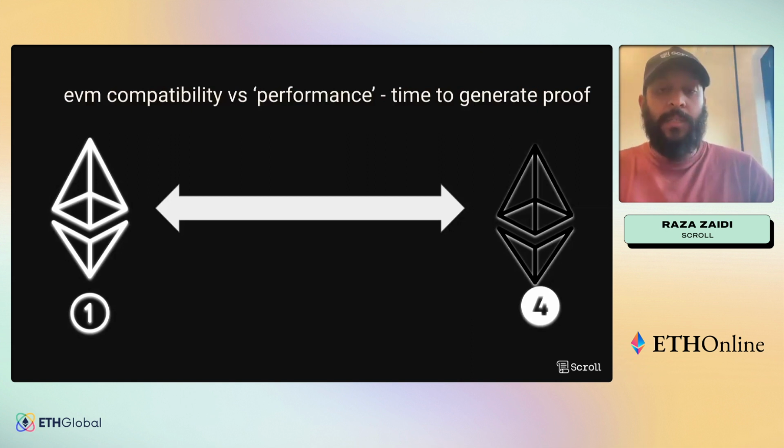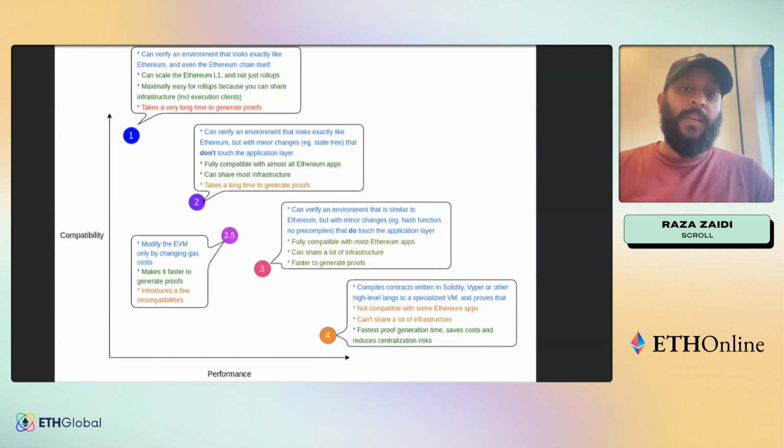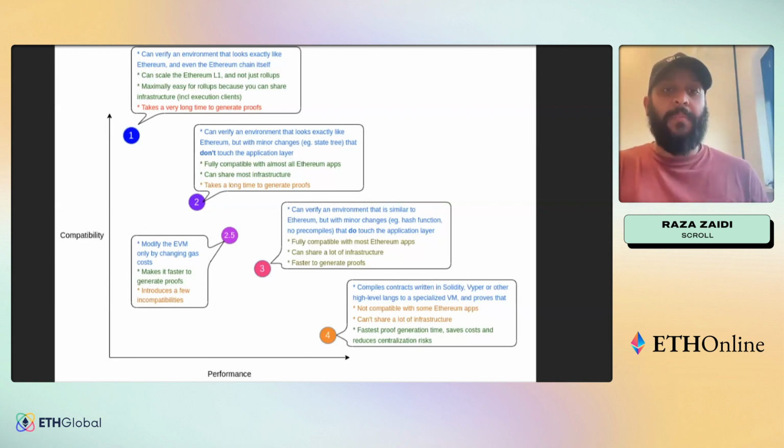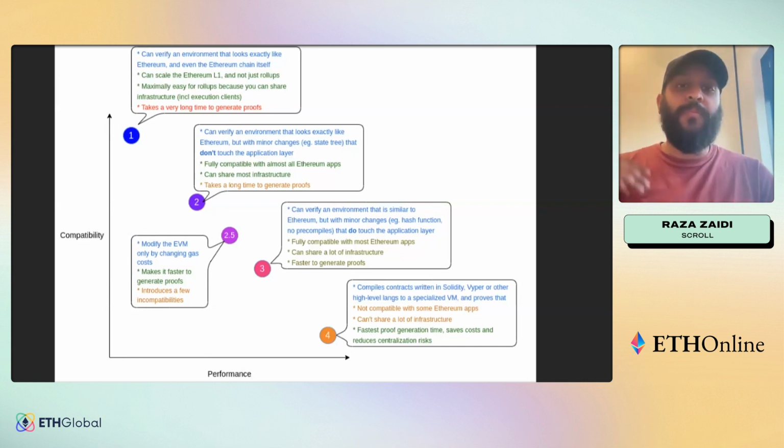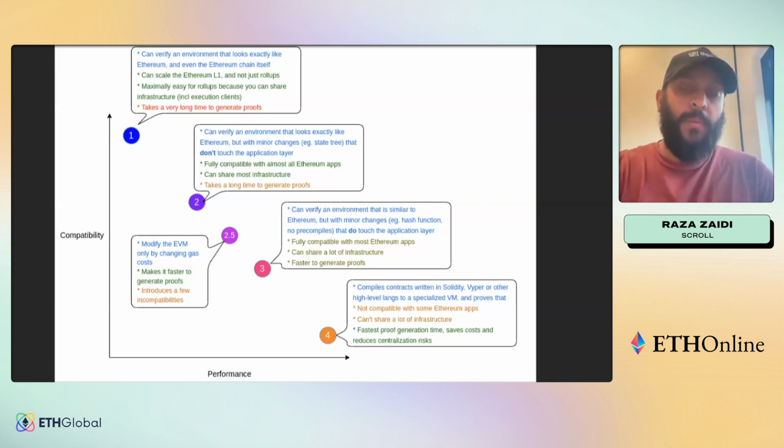To generate a zero-knowledge proof requires quite a bit of computation and overhead. So if we go back, you can see that as you move down in the type, i.e. you go closer to type 1, it takes a long time to generate the proof. That's because if a ZK rollup wants to stay close to the EVM, i.e. act and behave just like Ethereum, it takes a long time to generate the proof because of all the behaviors that need to be proven that would normally occur for a smart contract in EVM.